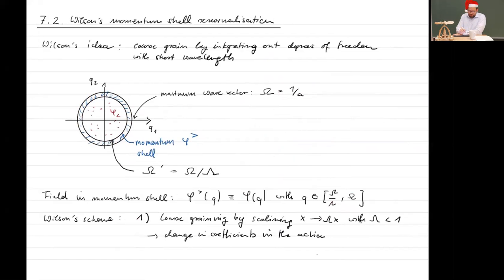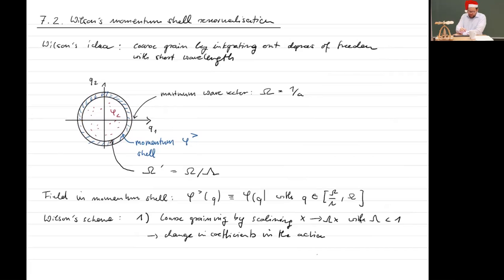And here in this case, we do the coarse graining by integrating out a tiny shell in momentum space. So we integrate out the fastest wave vectors, which corresponds to the shortest length scales.